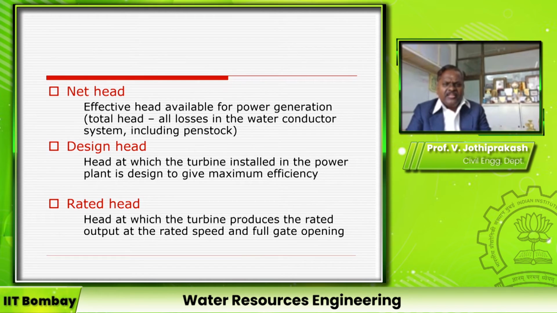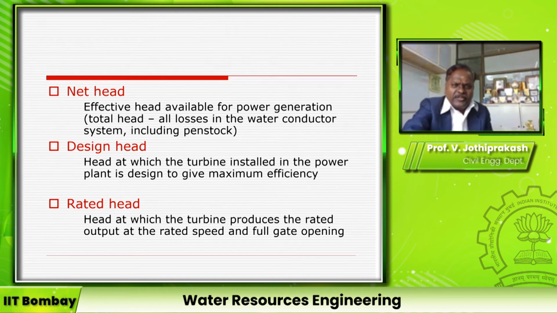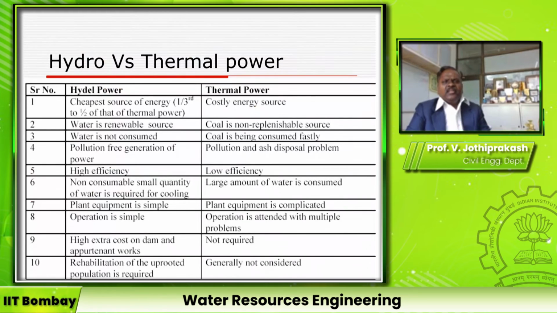The rated head is the head at which the turbine produces the rated output at the rated speed at full gate opening. That means rated head is related in terms of specific speed also. Okay, we'll see what specific speed is now. Now this is a small comparison between hydroelectric power and thermal power.